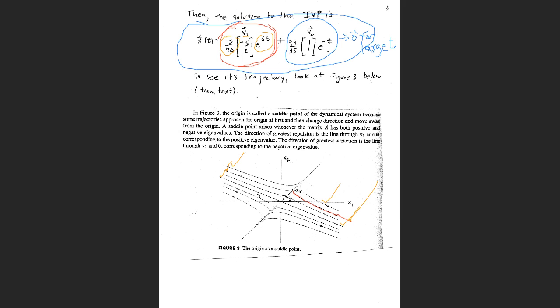That's why they say in the write-up here that the direction of greatest repulsion is the line through the eigenvector v1 and the zero vector. On the other hand, the direction of greatest attraction is the line through the eigenvector v2 and the origin.